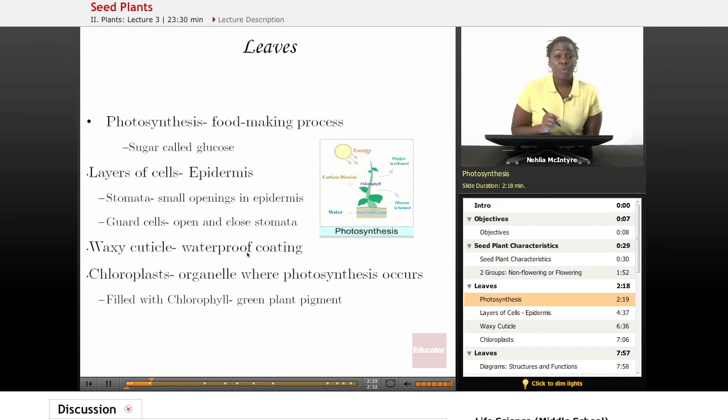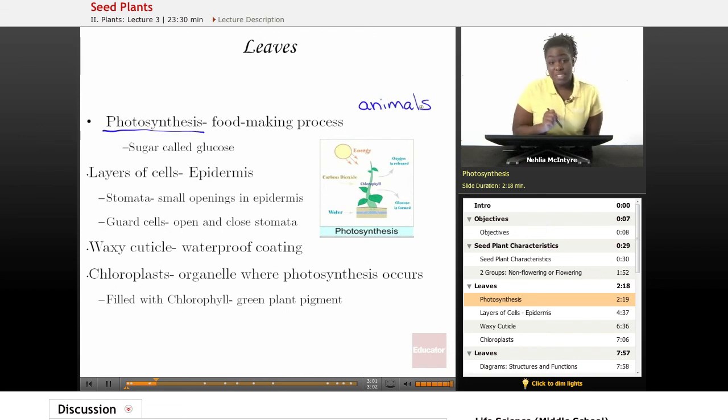Leaves are extremely important to plants and to all life, really, because leaves are the areas of the plant where photosynthesis occurs. Photosynthesis is the process of using the sun's energy to produce oxygen and food for the plant. The plant releases that oxygen into the atmosphere, which helps other animals and other plant life to survive.